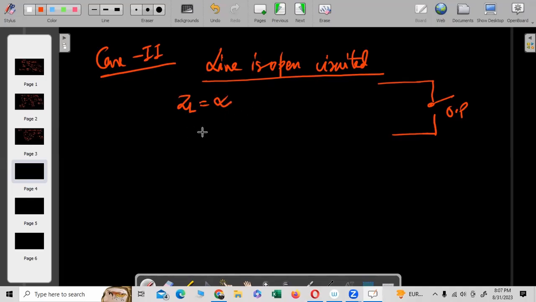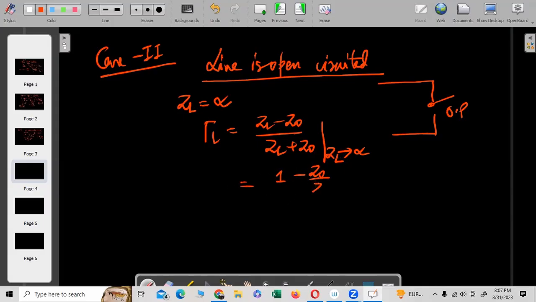We know gamma L is (ZL minus Z0) divided by (ZL plus Z0), which tends to infinity over infinity. So we can write Z0 by ZL when ZL tends to infinity, and this will be 1, because 1 by infinity is 0.